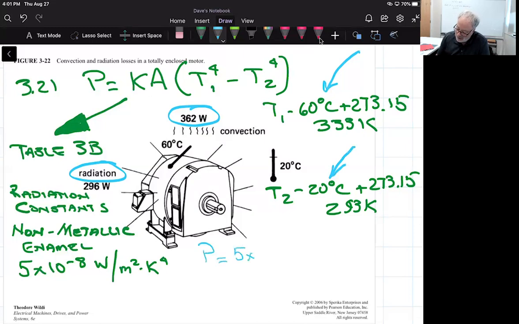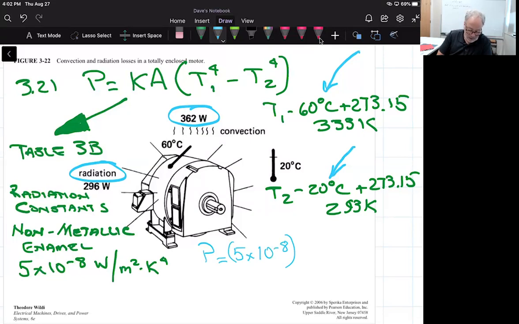5 times 10 to the minus 8, and I'm going to drop the units there. It's watts per meter squared times Kelvin temperature to the fourth power. Imagine deriving that! And then the area that we're dealing with here, where does this come from?